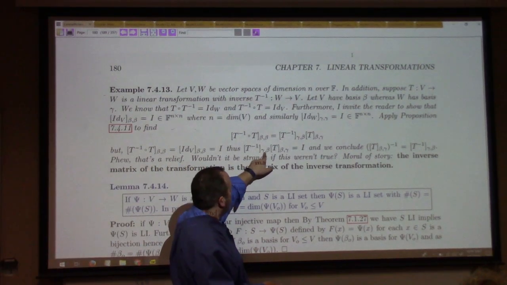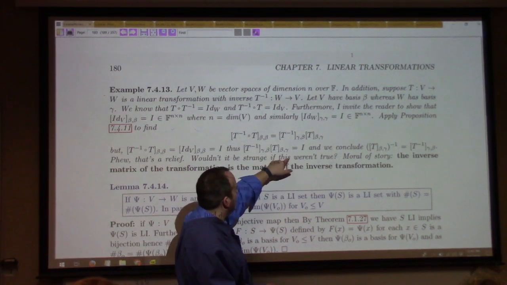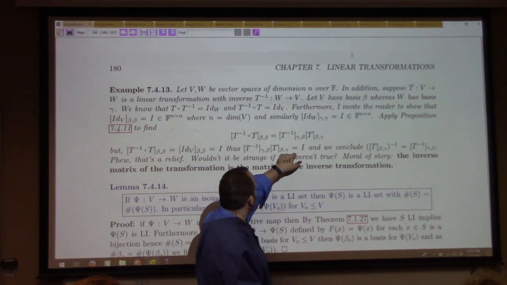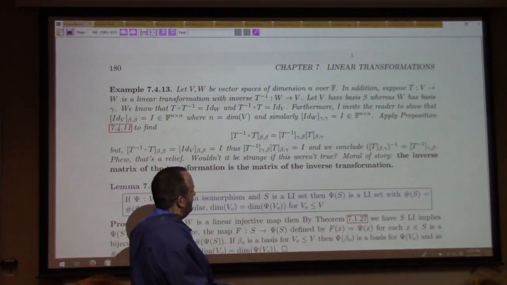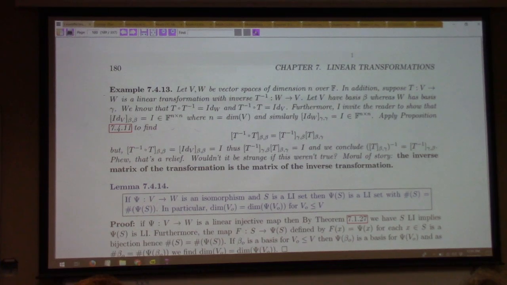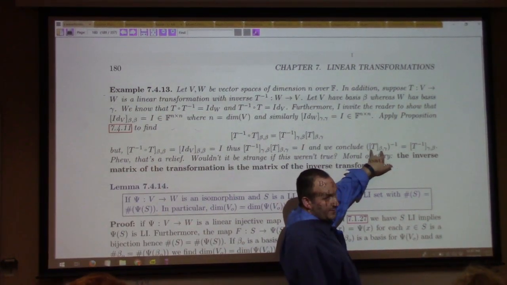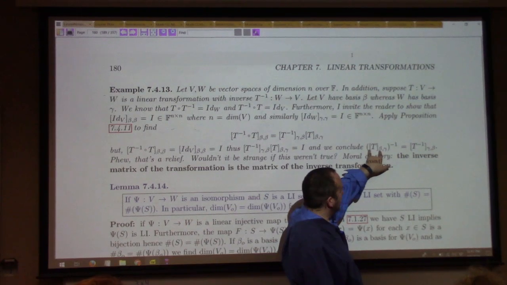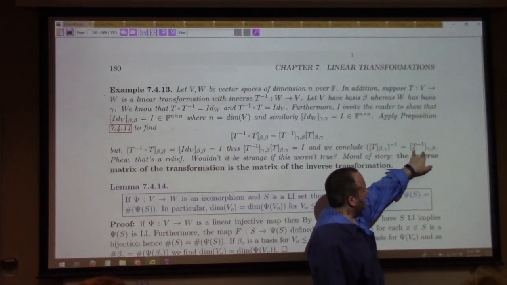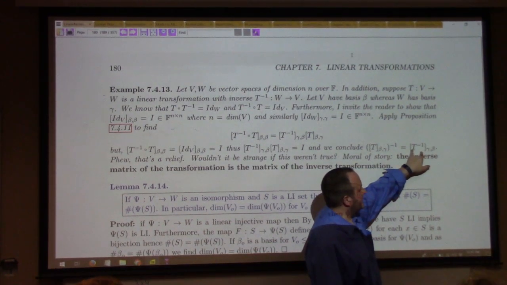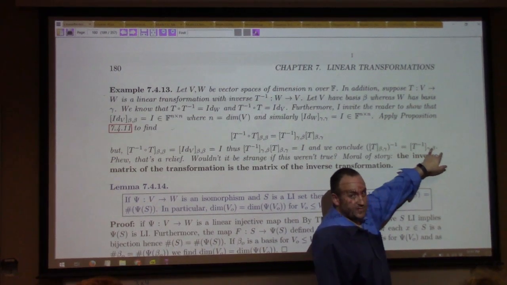So that says that this is I, and that's also I. So it follows, and here's the take-home point, the inverse of the T beta gamma matrix is the matrix of the inverse transformation with respect to the gamma beta basis.